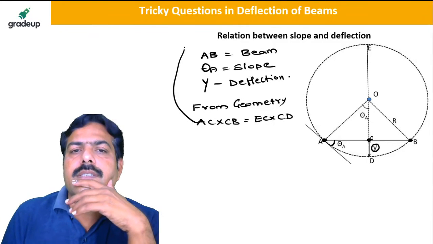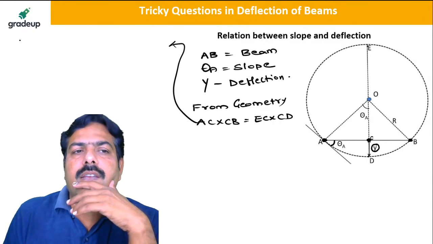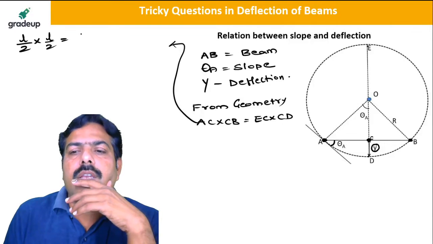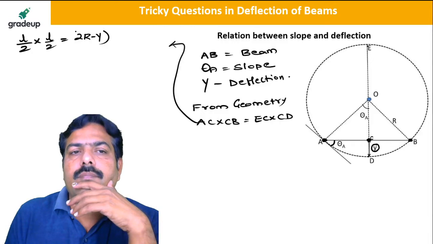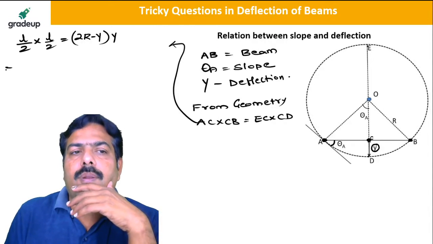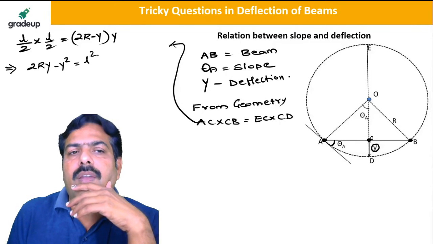From this, AC is equal to L by 2, CB is also equal to L by 2, which is equal to EC. EC is equal to diameter minus Y, and CD is equal to Y. So I can say that 2RY minus Y square is equal to L square by 4, and you neglect Y square, since Y is small.